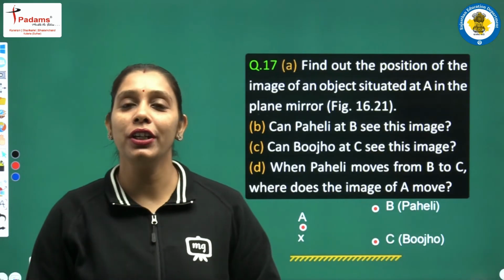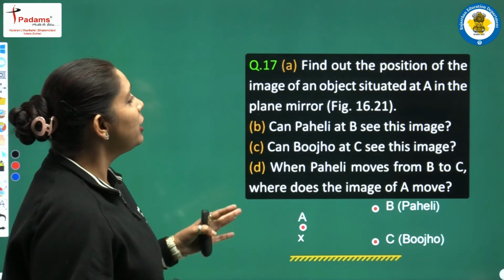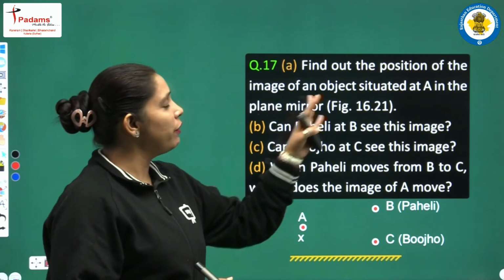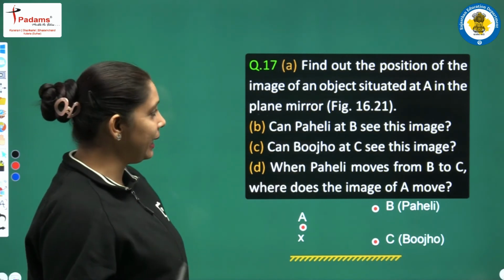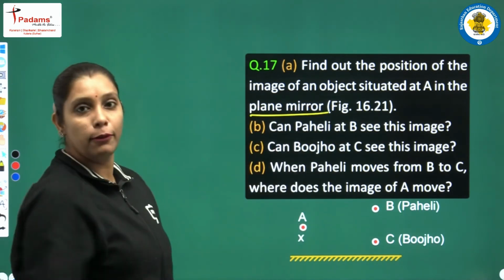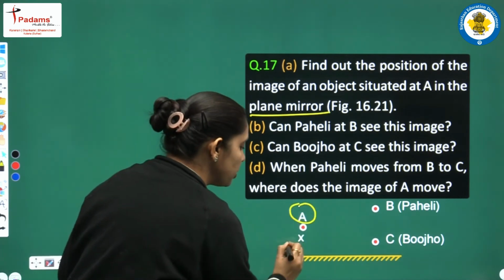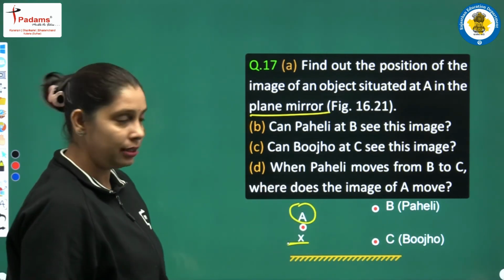Move to the next question, and next question is the last one, question number 17. Find out the position of the image of an object situated at A in the plane mirror. Okay, have a look on the image. This is the point A जहाँ पर एक object है X. Clear?